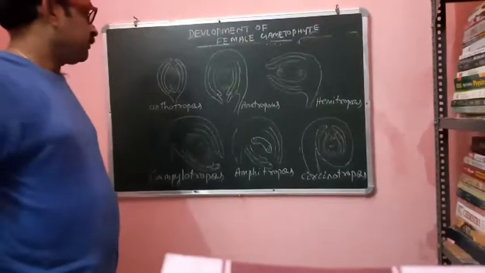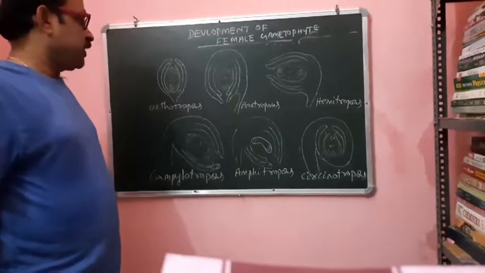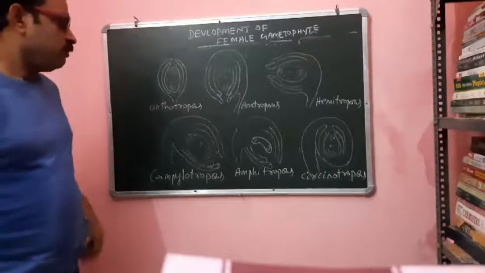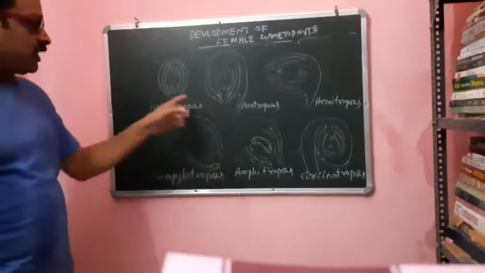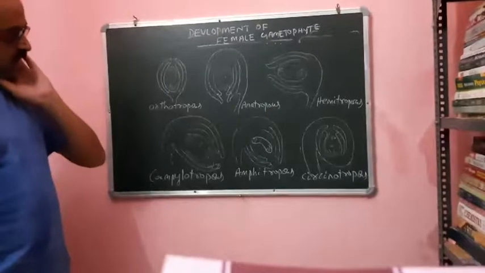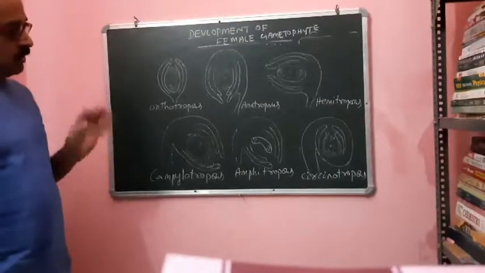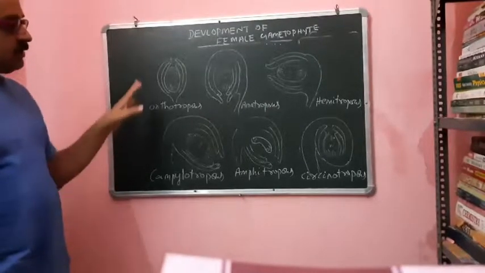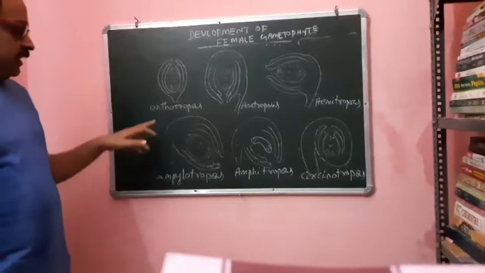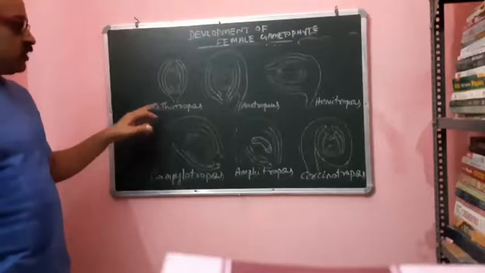Dear students, now we will discuss the different types of ovules. The most important are anatropous and orthotropous, but for your convenience, for entrance purposes, some knowledge about the different types of ovules is useful. The first is orthotropous ovule.